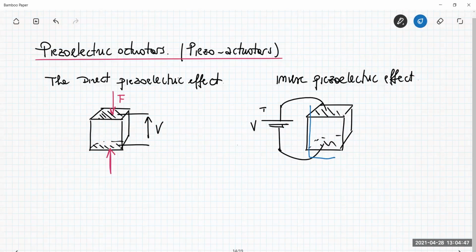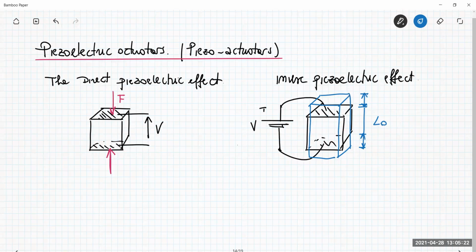For example, the same quartz can be elongated in one direction. If this is L0, the length of this material for no voltage applied, then you can have a deformation that is induced by the electric field. So this is basically the piezoelectric effect.